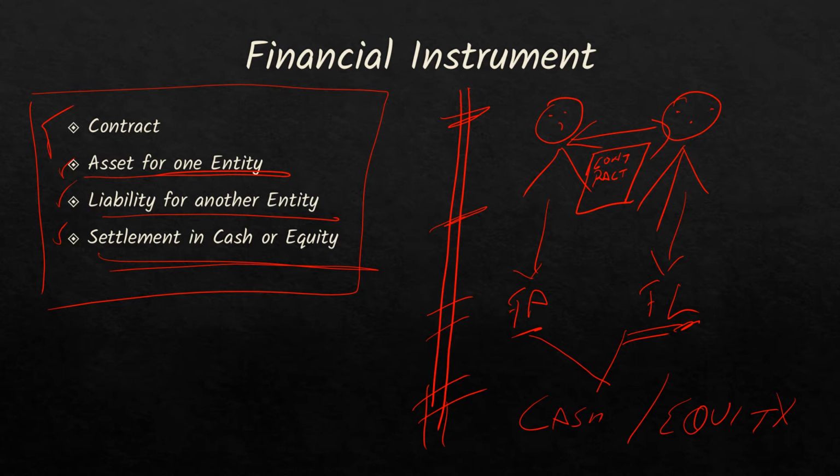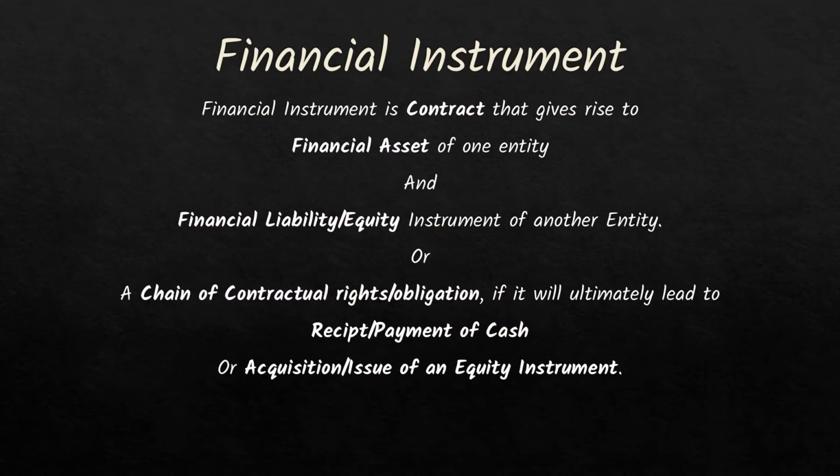Let's see what the official definition is. IFRS 9 says a financial instrument is a contract that gives rise to a financial asset of one entity and a financial liability or equity instrument of another entity.